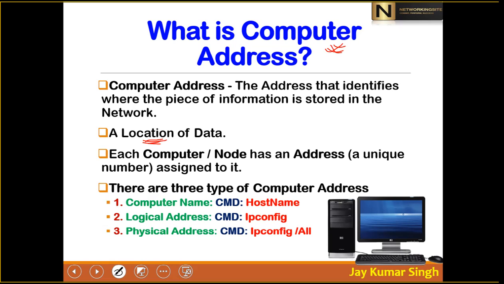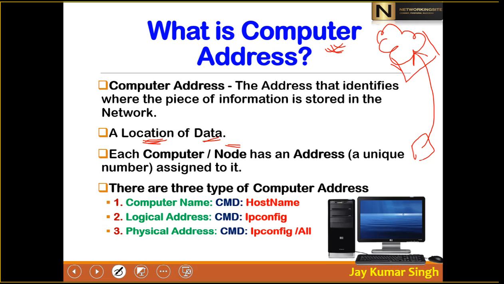Maybe I want something from a server, maybe that server is in the cloud or somewhere, so I must know the address of that server to get my data. So it is the location of your data. The address is the location, and the address is your IP address. Now, I already told you a node is also known as an end device. You can say a node is a networking device. A node can be your computer, your router, or your switch.